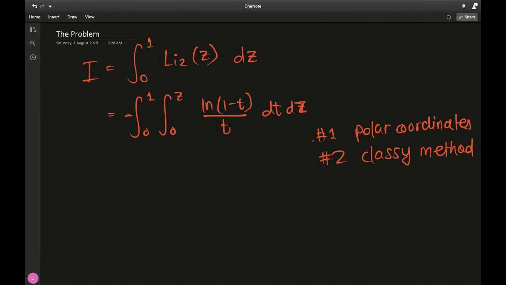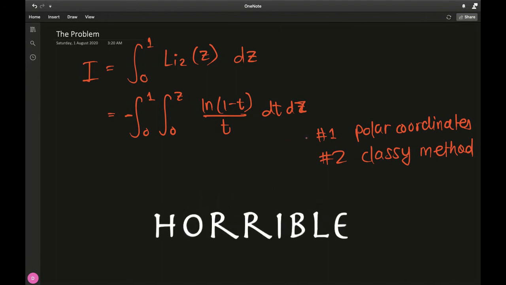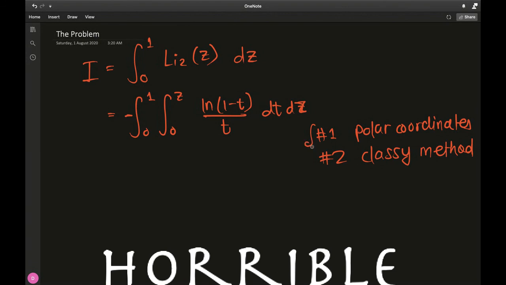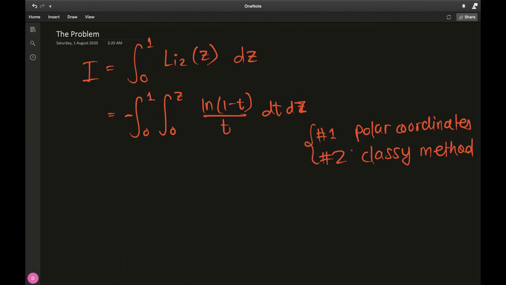It's still going to look horrible in any case. Any method you choose, it's going to be some work that you need to do before you come to a conclusive answer. So the journey is going to be messy in both options. Why not go with the classy option? Because this integral is still perfectly horrid whatever you do. So let's be classy with it.